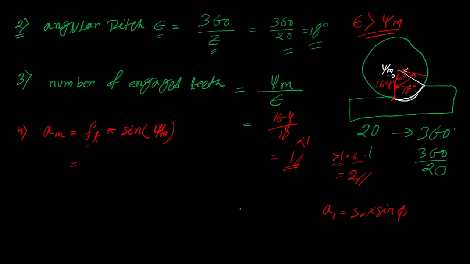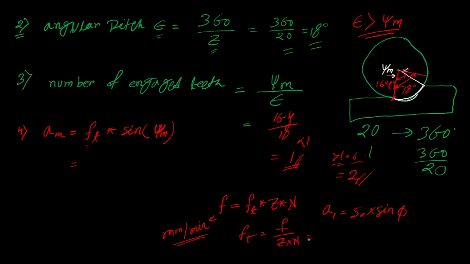Now we have to find out the feed per tooth. How to get the feed per tooth value? We have one value, the table feed, which is in millimeter per minute or meter per minute, that is, with respect to time. Table feed can be written as feed per tooth into number of teeth into the speed of the cutter, so ft is f by z into n.